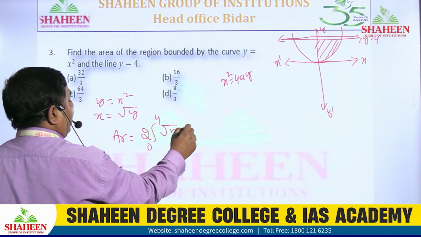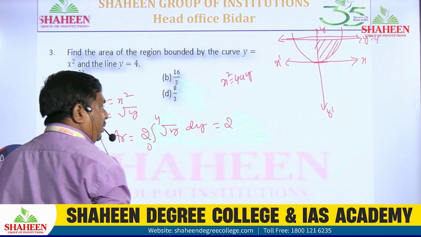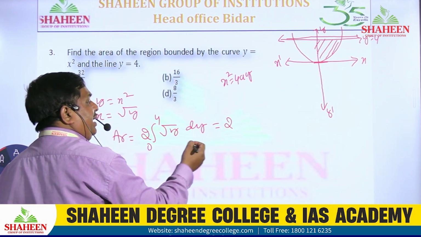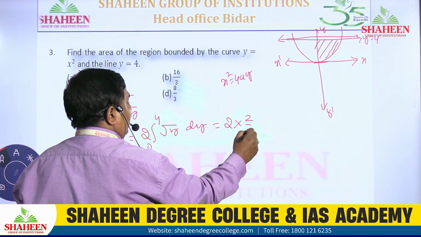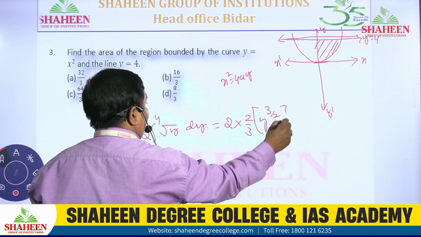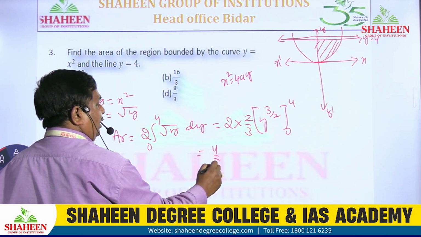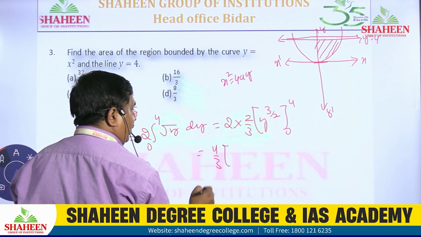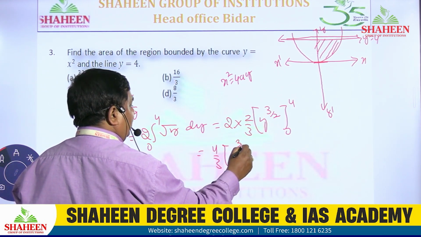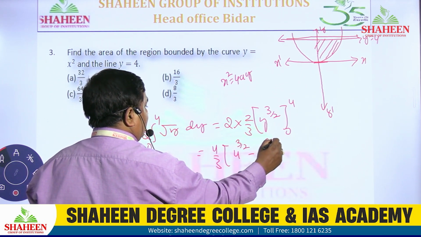Root y dy. 2 outside I am writing as it is, root y integration is 2 by 3 y power 3 by 2, and limit from 0 to 4. This becomes 4 by 3, and taking first the upper value, that is 4 power 3 by 2, minus taking the lower value 0 power 3 by 2.